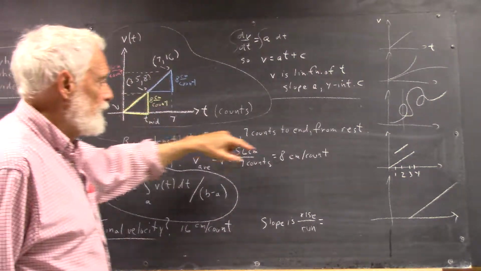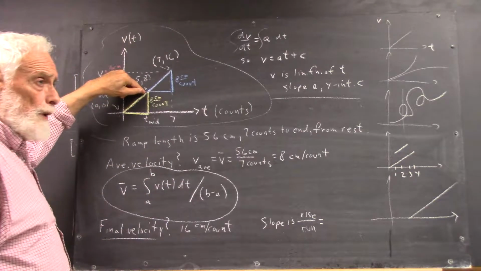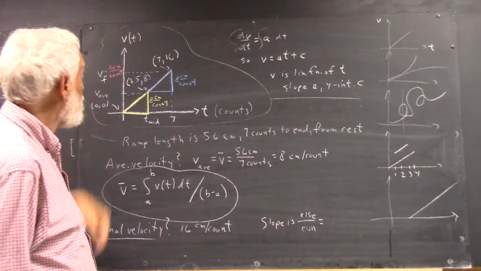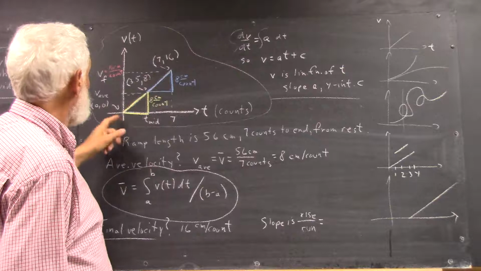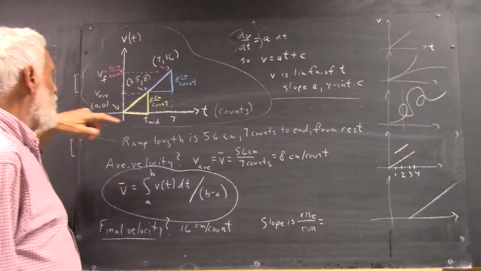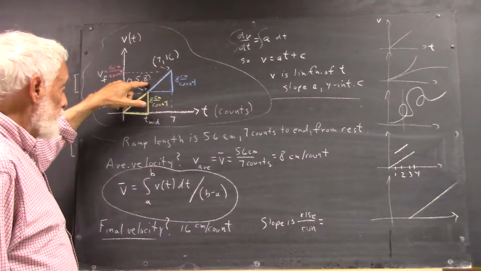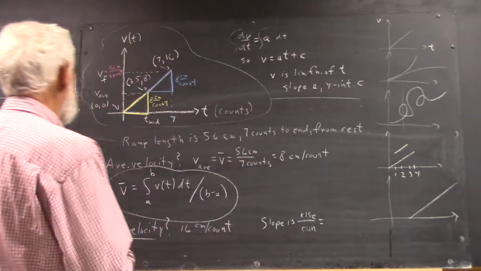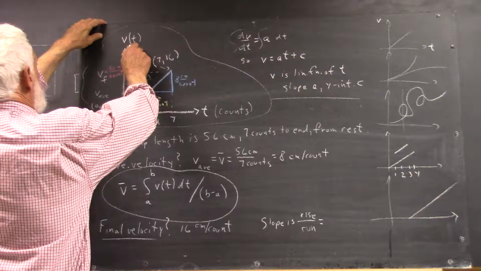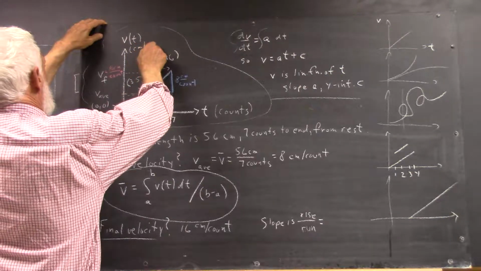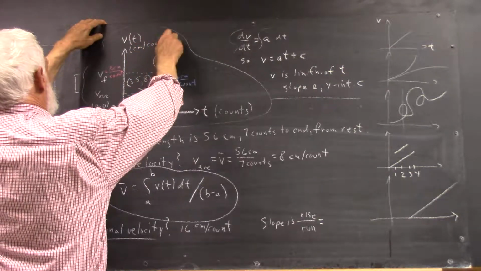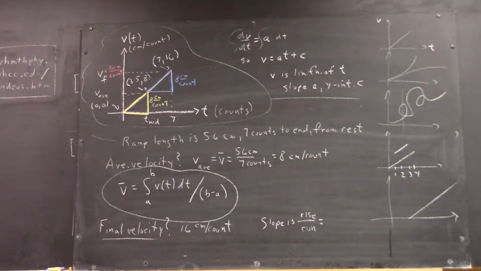So we calculate this average velocity, and that's going to be the velocity at the midpoint of this segment. And the time is going to be 3.5 counts, and the velocity is going to be 8 centimeters per count. And it never did put the units of the velocity here. If I don't put the units up here, I have to put the units on these numbers down here.